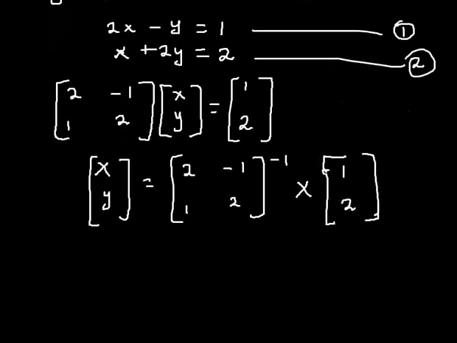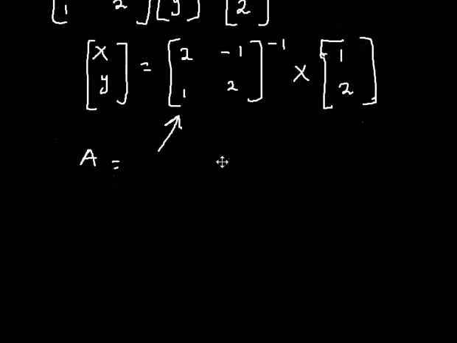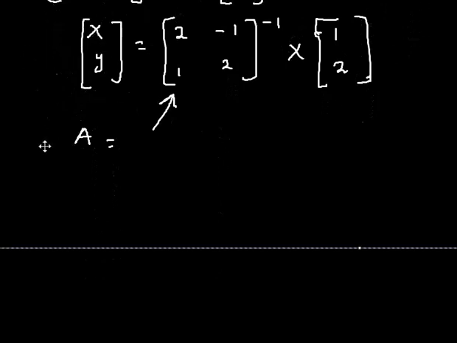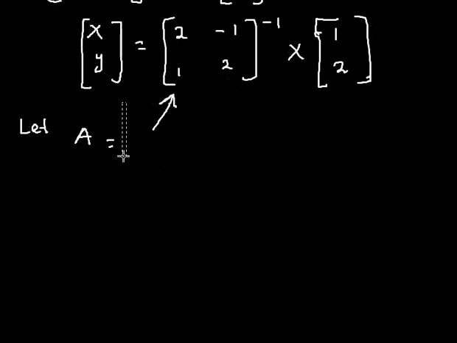The whole work arises from evaluating the inverse of this matrix. So let me call that matrix A, so that I can evaluate the inverse. Let A be equal to 2 minus 1, 1, 2.